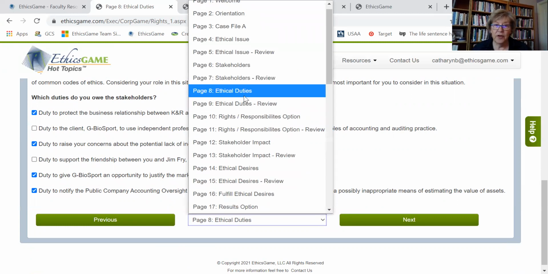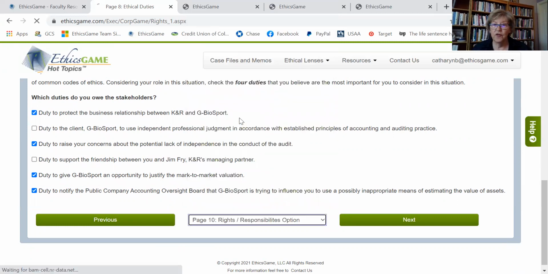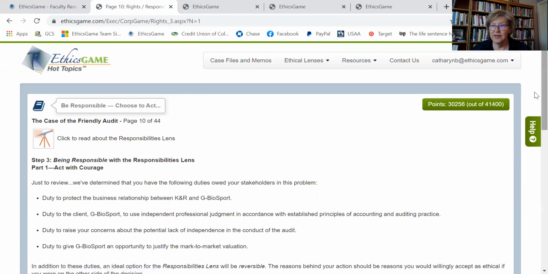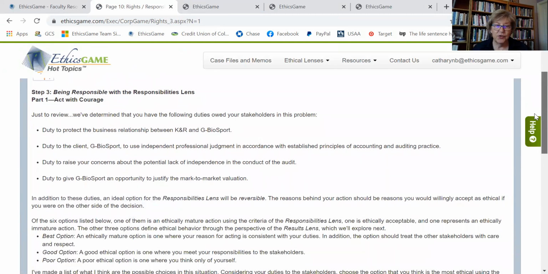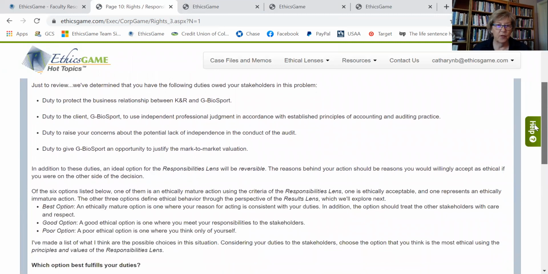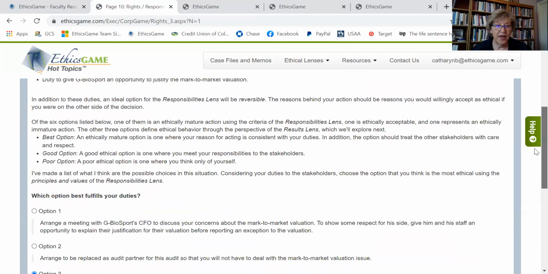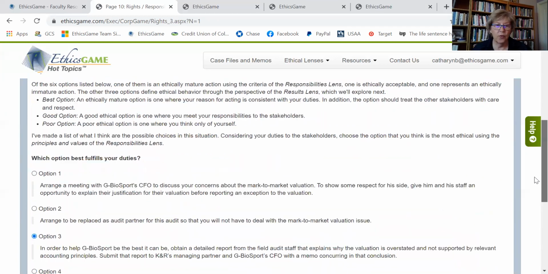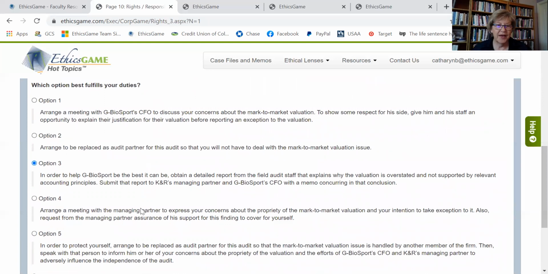And then when you get through that, you have your first choice of making a decision. As you come to this point, you will have a review of the duties that have been established for the problem, and you'll have a description of a best option, a good option, and a poor option. And then you'll be asked to choose an option. Now, this is not what you would do.